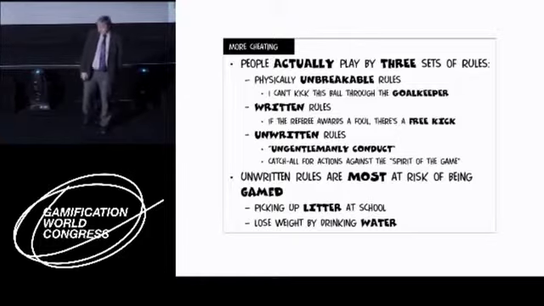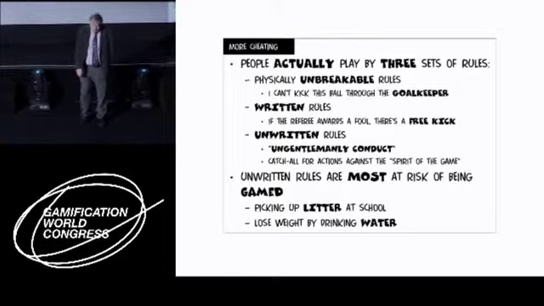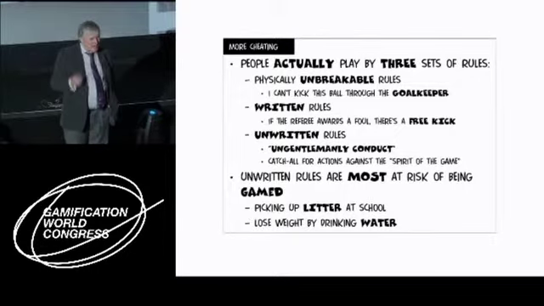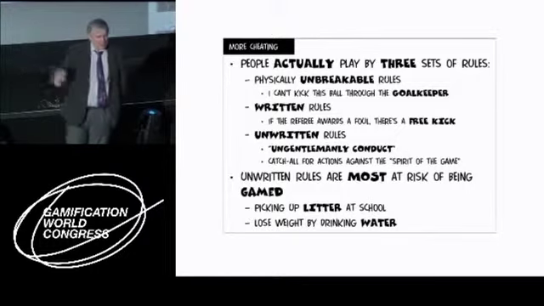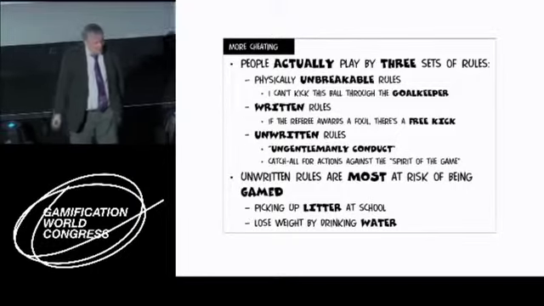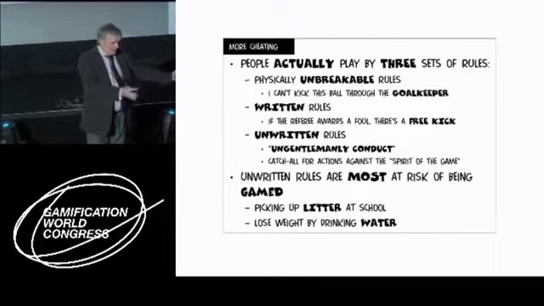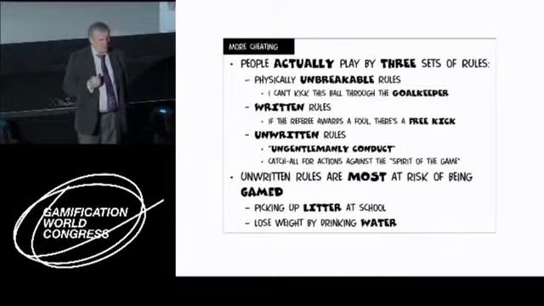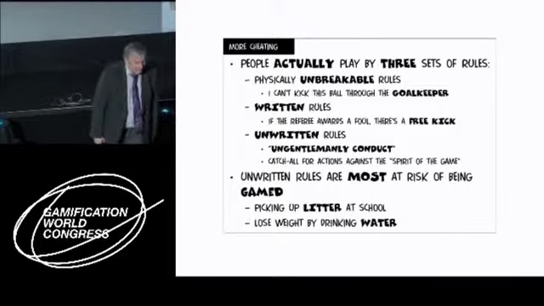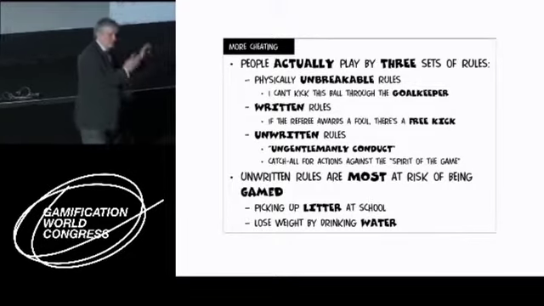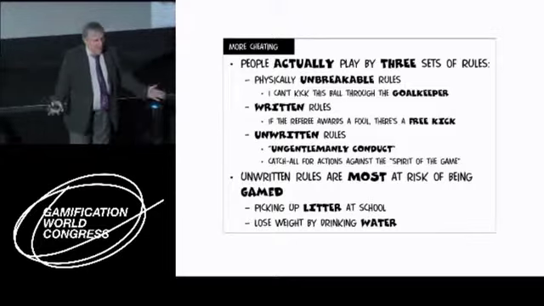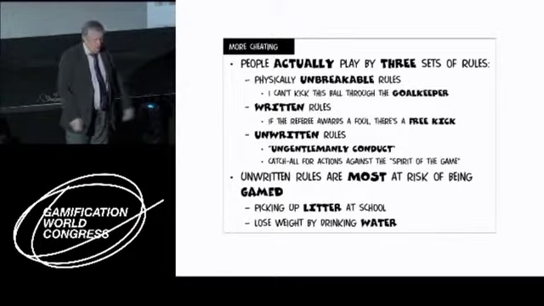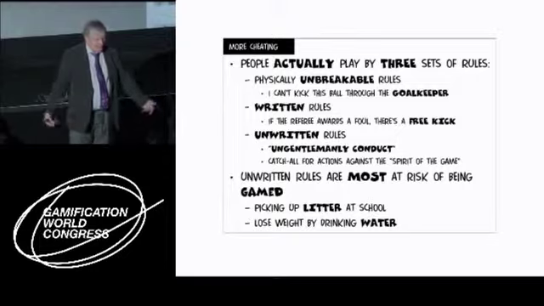The other one, the lose weight by drinking water, this is where the company decides that everybody should lose weight, and they decide to award a prize to the person who loses the most weight. So how do you know somebody's lost the most weight? Well, you weigh them, you wait 2 weeks, and then you weigh them again. So, knowing that you're going to be weighed, if you drink 5 litres of water, and then you get weighed, and then you race off to the lavatory afterwards, and then 2 weeks later you don't drink 5 litres of water, and you get weighed, then you weigh 5 kilograms less.